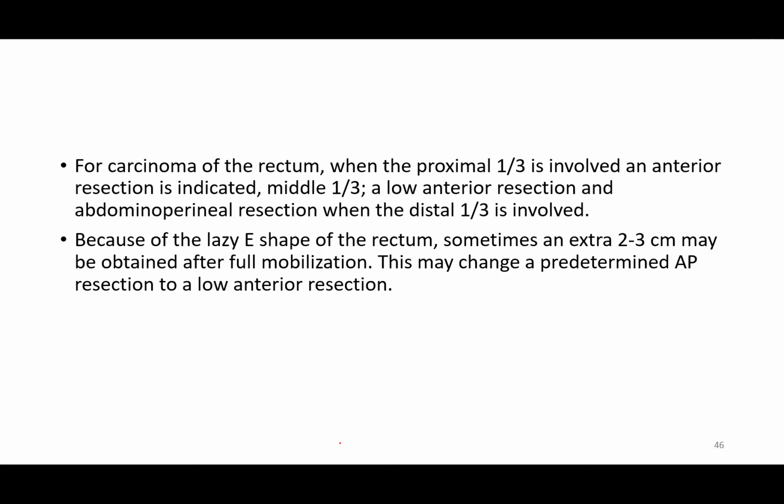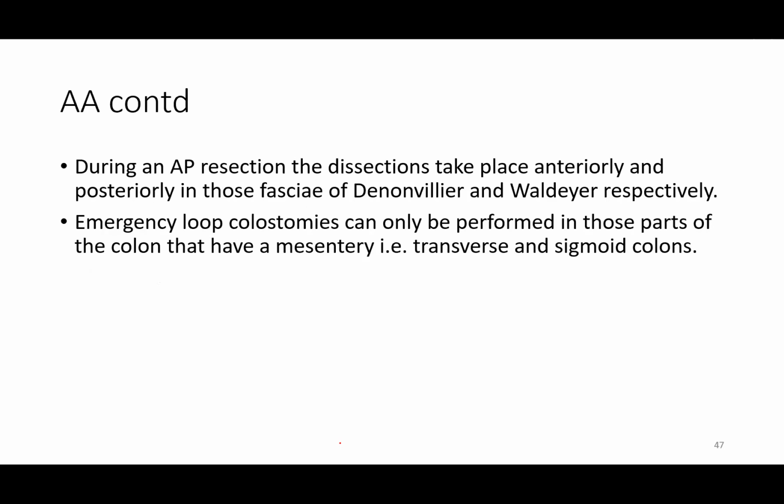Because of the lazy S shape of the rectum, sometimes an extra 2 centimeters may be obtained after full mobilization. This may change a predetermined AP resection to a low anterior resection, because when you free that S shape, you gain some length, and instead of doing an abdominoperineal resection with a permanent colostomy, you will now do a low anterior resection.